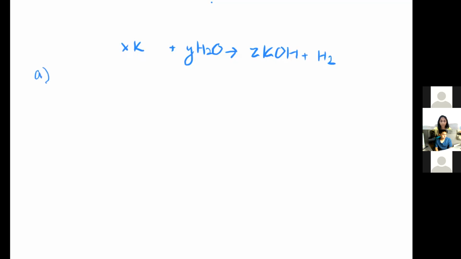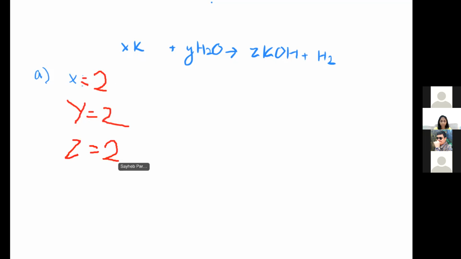To balance the equation, X would be 2. Y would be 2 and Z would be 2. So it's quite easy. Basically it's just 2 here, 2 here, and 2 here.